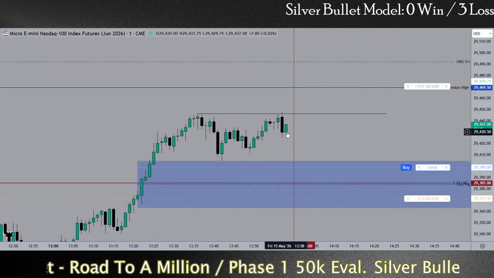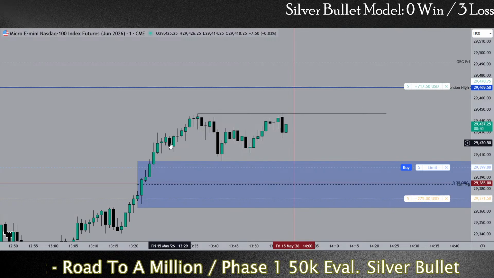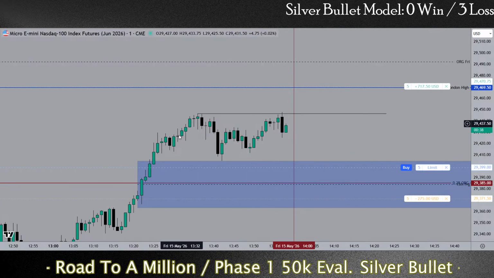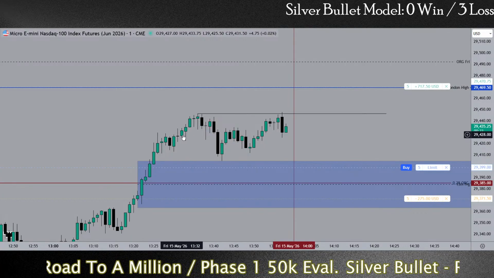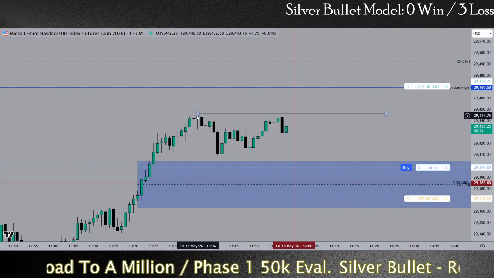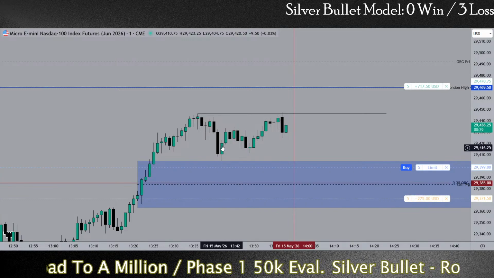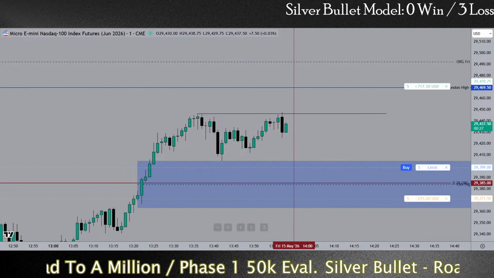Alright, so 2 minutes left. A rather small and consolidated opening range as it is for the PM session. First presentation right here.